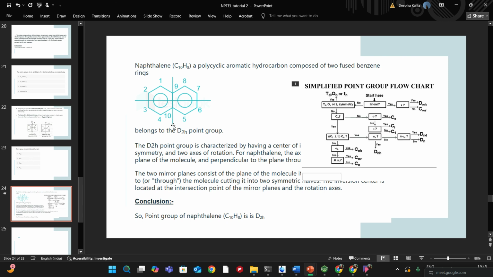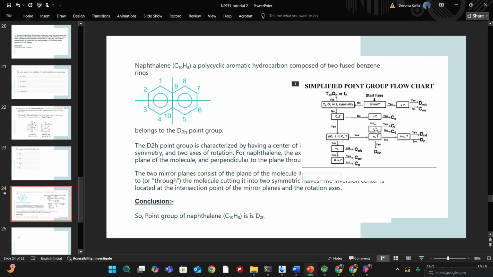And another C2 axis of symmetry will be contained by the naphthalene molecule, which will go in this direction. Hence, you can use the flow chart for your reference, and the point group which will be assigned to naphthalene will be D2H.